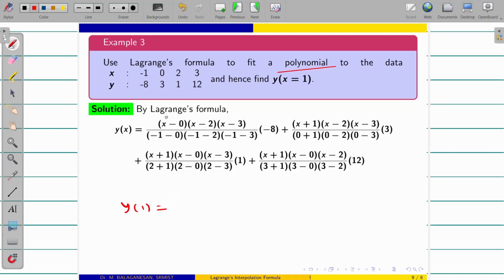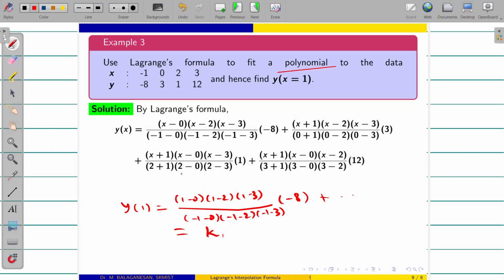What you have to do for that: replace x by 1 here. 1 minus 0, 1 minus 2, 1 minus 3, divided by -1 minus 0, -1 minus 2, -1 minus 3, into -8. Plus, similarly, I substitute that value, simplify this, then you can get the final answer. Take that as k1. So you can get the answer.